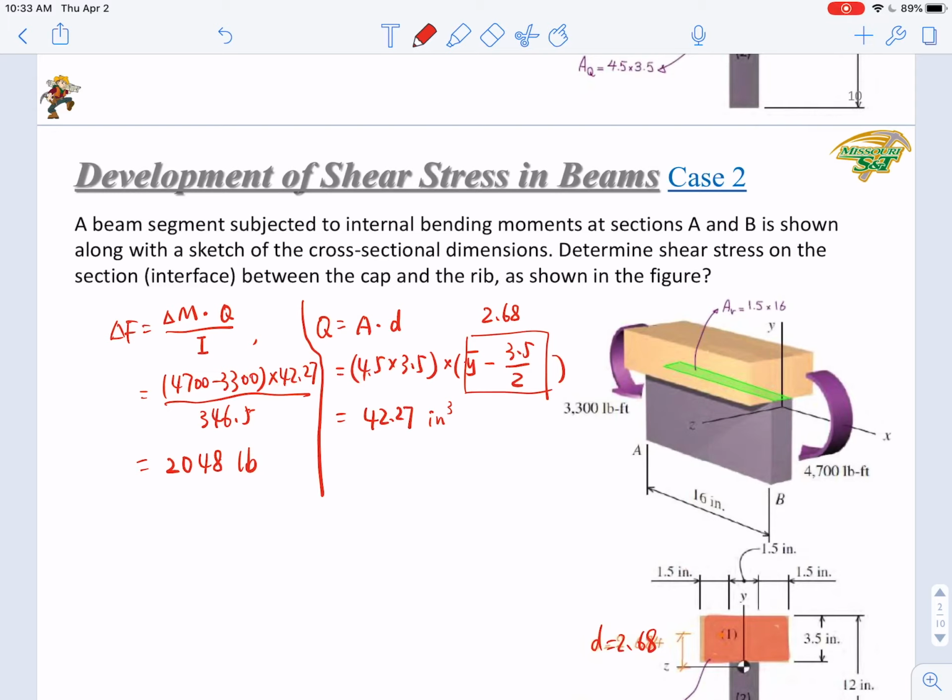And then you can calculate the tau using delta F over the interfacial area. You get 85.3 psi. This is another solution, the other method to solve the shear stress based on our newly derived equation.